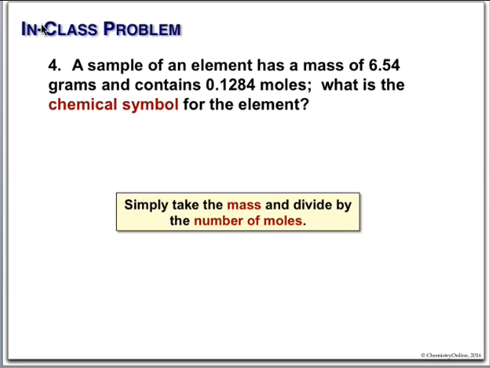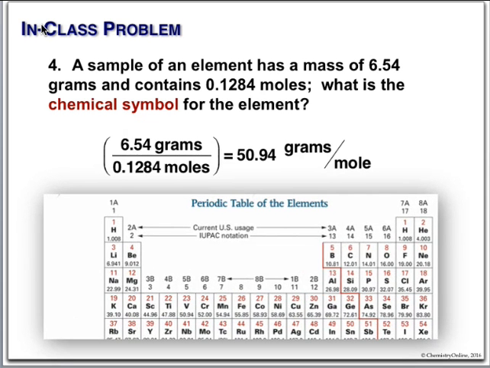Just like the previous problem, mass divided by moles gives us molar mass. Okay? So we're going to take our mass, that's 6 grams divided by 0.12, and we wind up with 50.94 grams per mole.